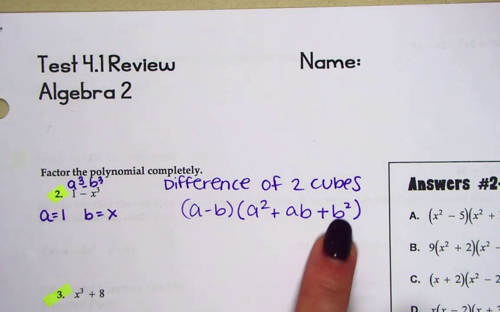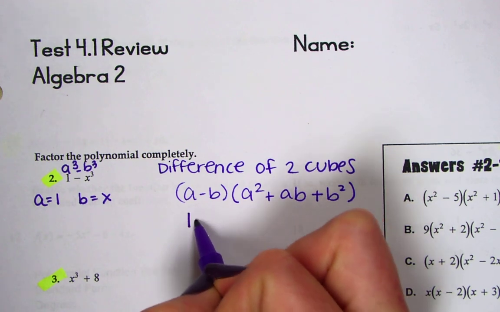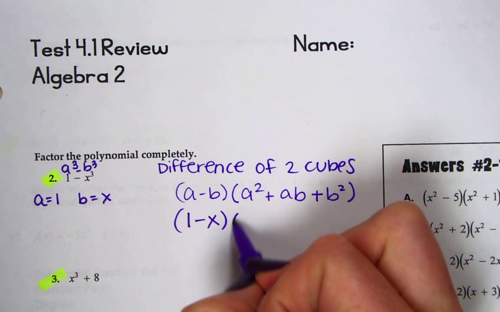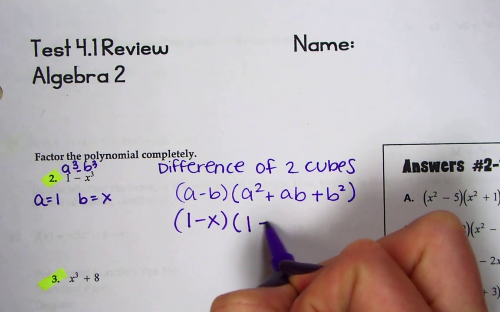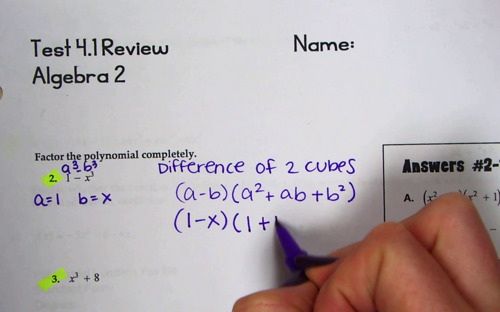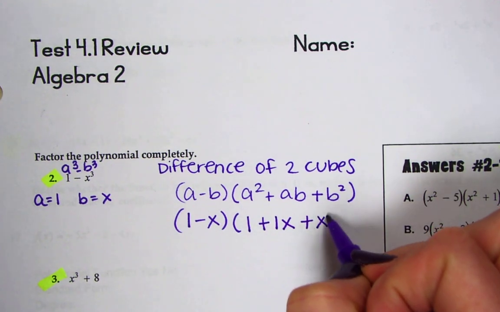This formula is written on the board for you to use during the test. Okay, so it should be 1 minus x, a minus b, then a squared would be 1 squared, which is 1, plus a times b, 1 times x, so that would be just 1x or just x, plus b squared, which would be x squared.